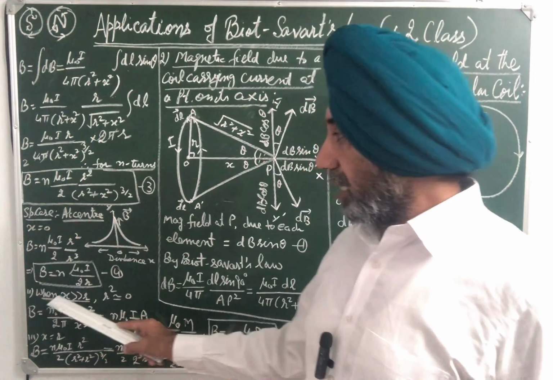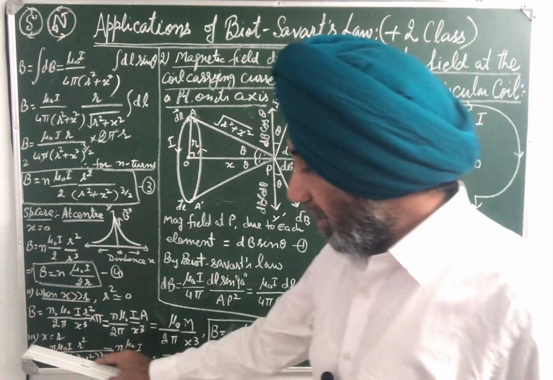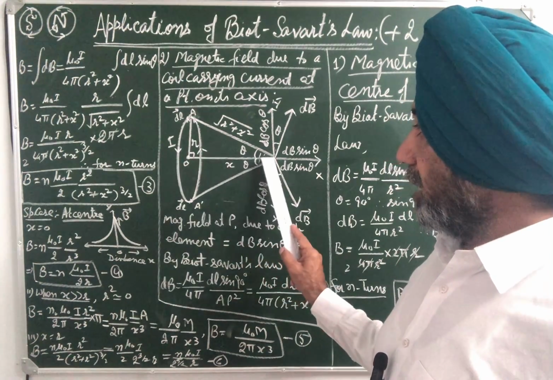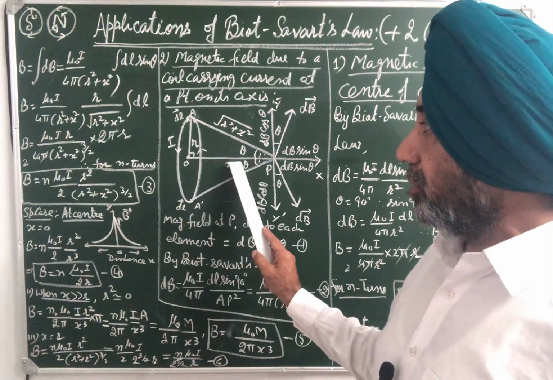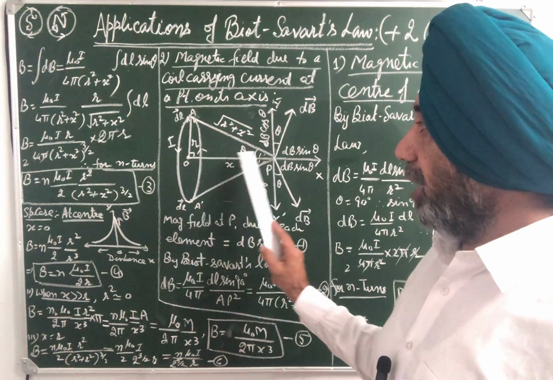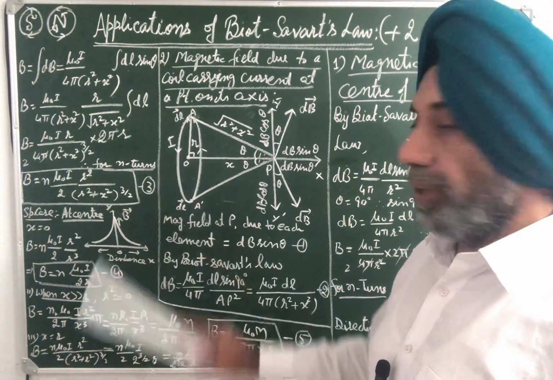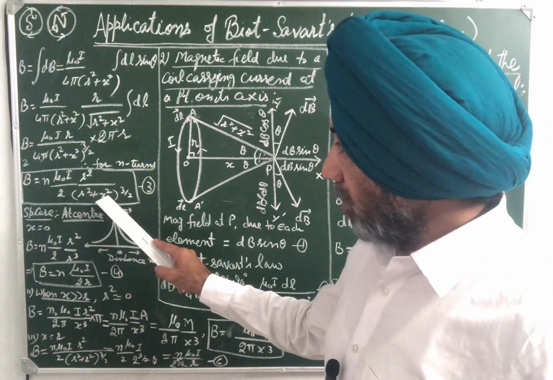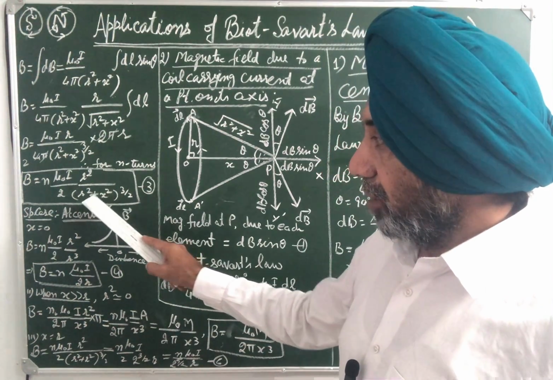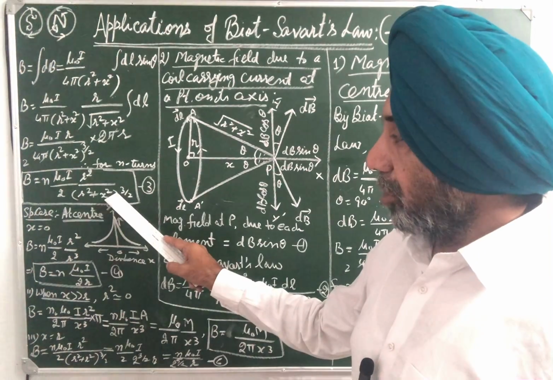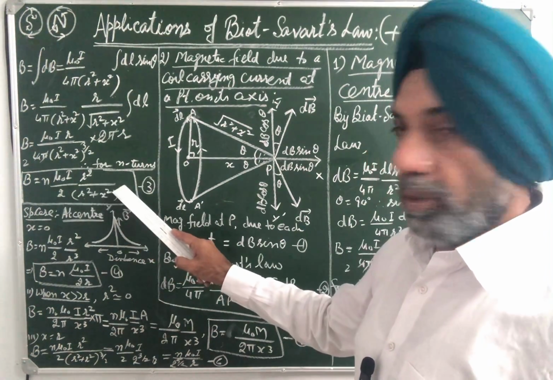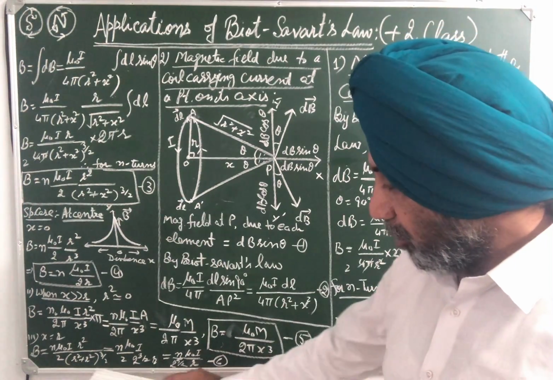And when x is equal to r, when the radius of the coil and the distance OP are equal, OP is equal to r is equal to OA, the radius of the coil. Then put x is equal to r, so r squared plus r squared equals 2r squared. So it will be 2 to the power 3 by 2, r cubed.